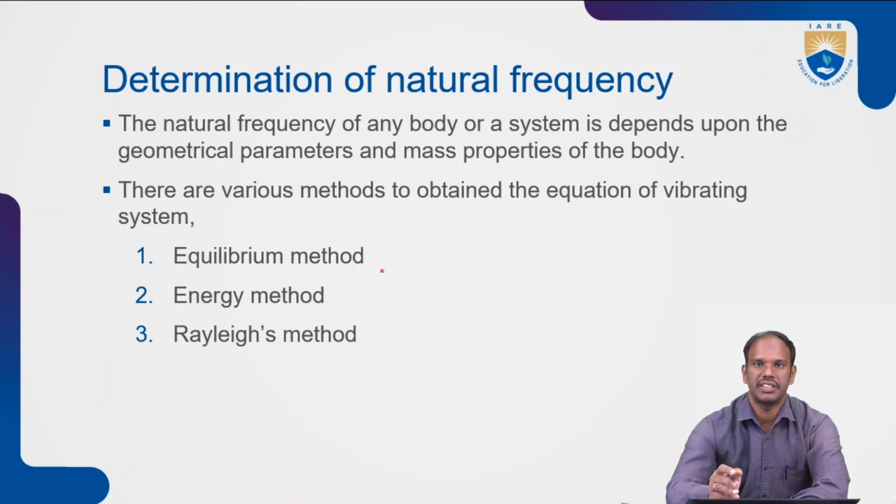then we can go for these different methods. It may be the equation of equilibrium method, or the energy method, or the Rayleigh-Ritz method. The popular one is the equilibrium method because it is very easy to solve.